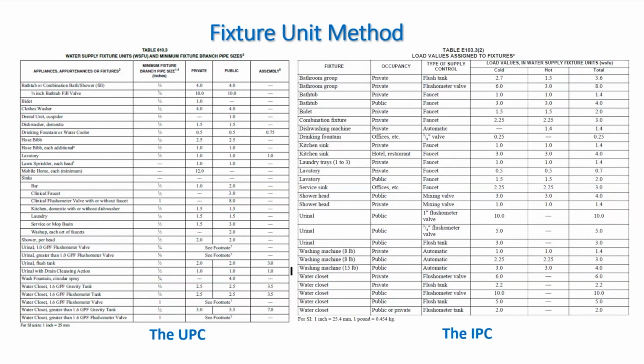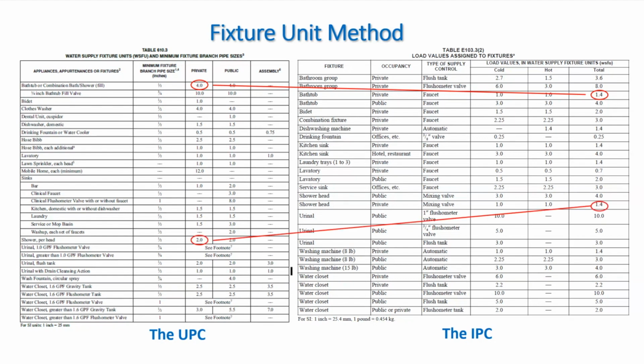Now, here's an example of the fixture unit tables in the Uniform Plumbing Code and the International Plumbing Code. They have developed the fixture unit values differently through the years. For example, you can see the difference just for a bathtub between the two codes: UPC 4 fixture units versus IPC 1.4 fixture units.